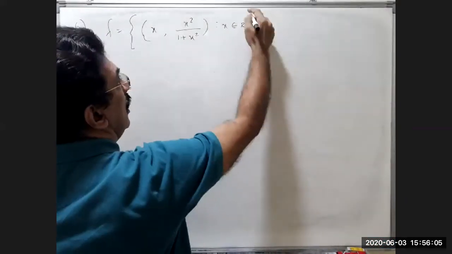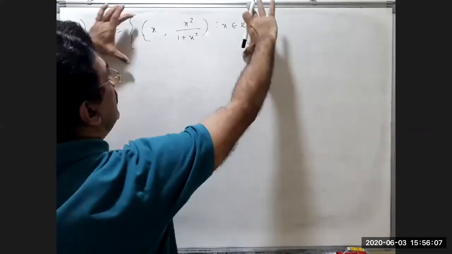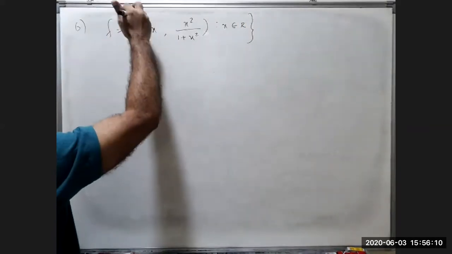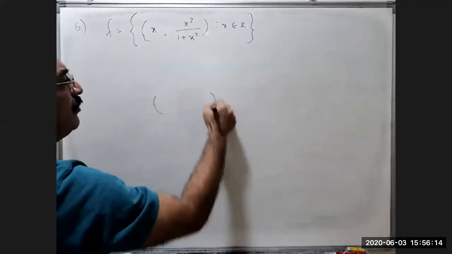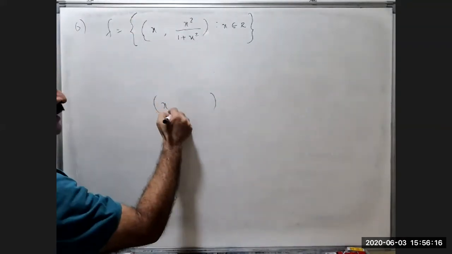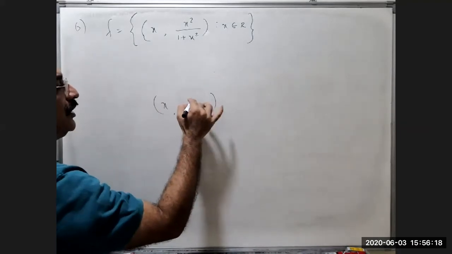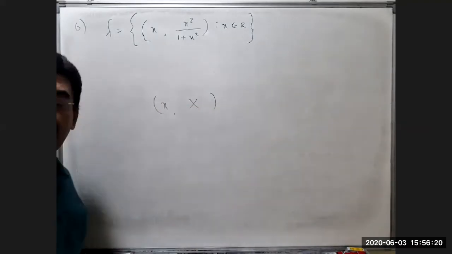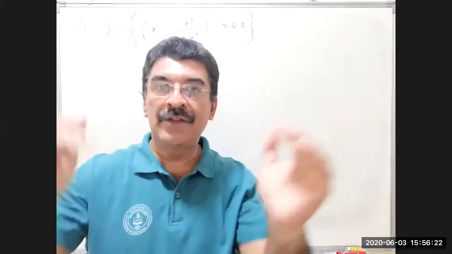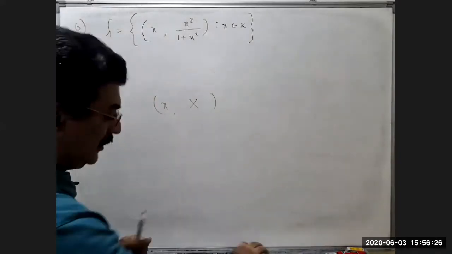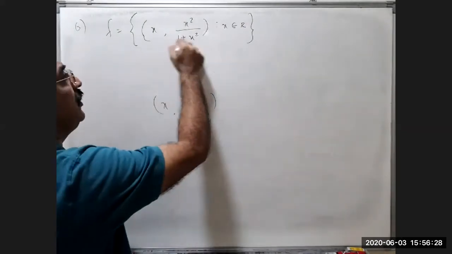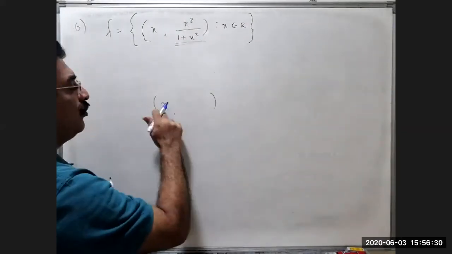See how it is written. This is a set. Here x and something is written in simple brackets. That is called an ordered pair. Usually an ordered pair is x, y.